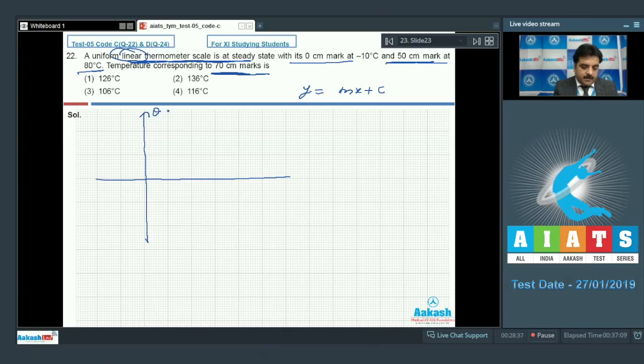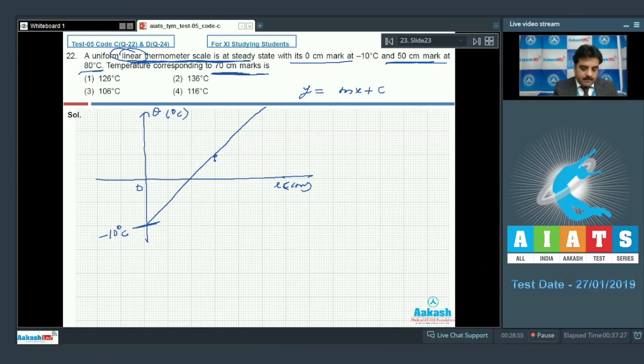Suppose I am taking temperature in degree centigrade on the y-axis, and length in centimeter along the x-axis. As per the situation, I will write here minus 10 degrees centigrade on the straight line.